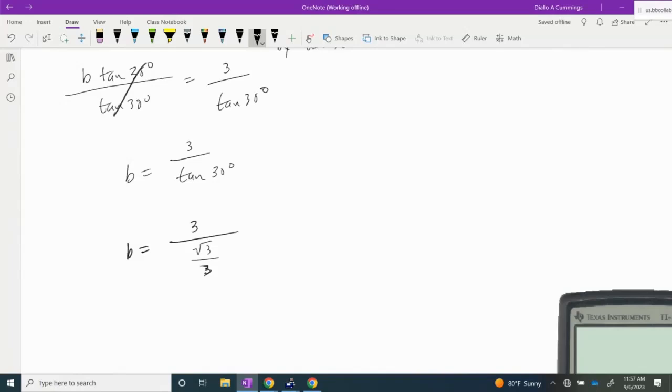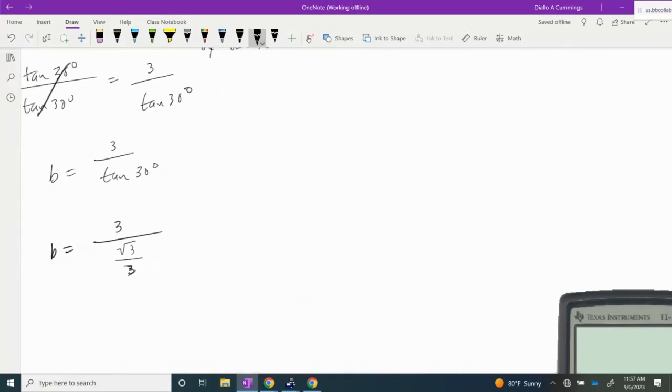This is how I'm going to simplify this. This is a complex fraction.